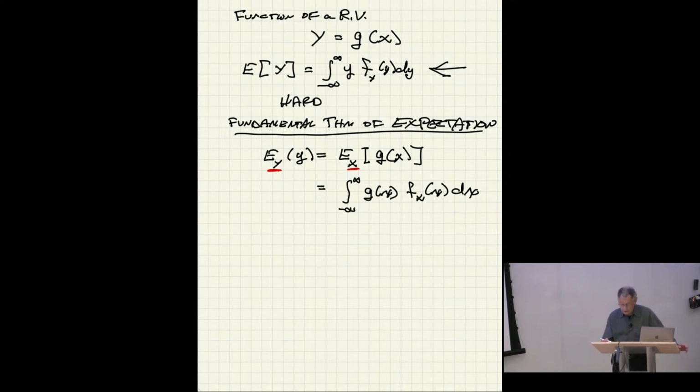So if this is true, and it is, then I don't have to find this guy. I just need this, which I know. And the g, which I know, because you defined y as a function that you give me, little g.